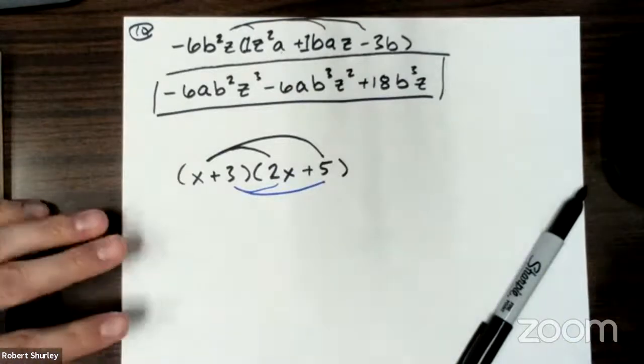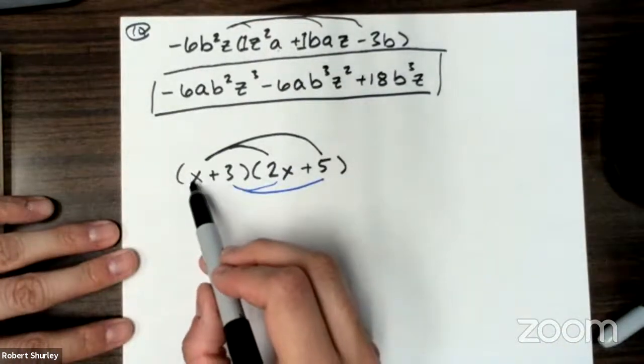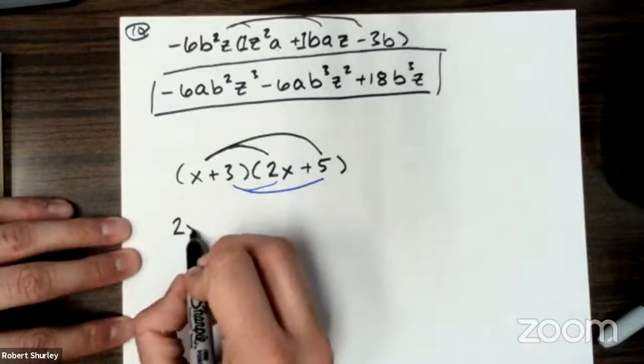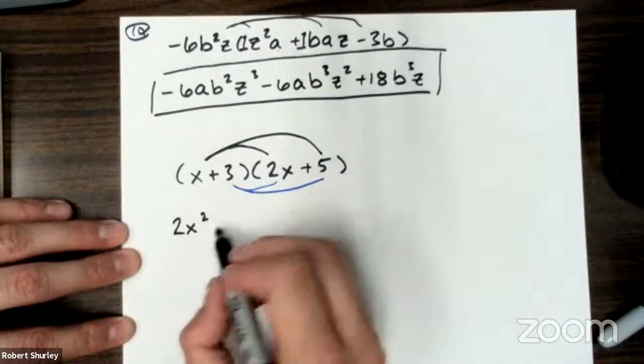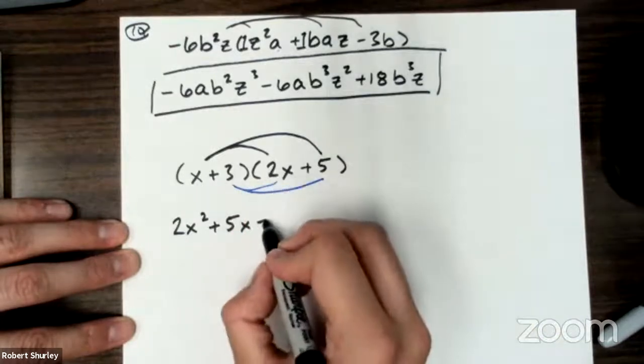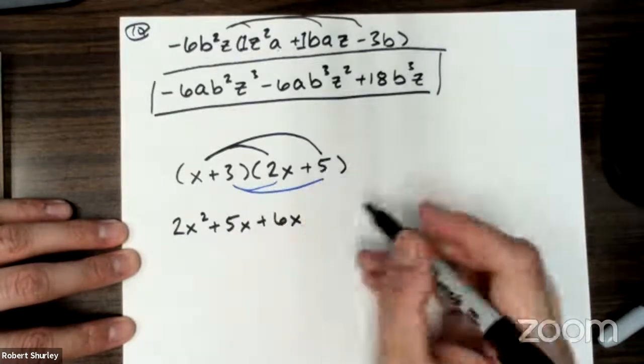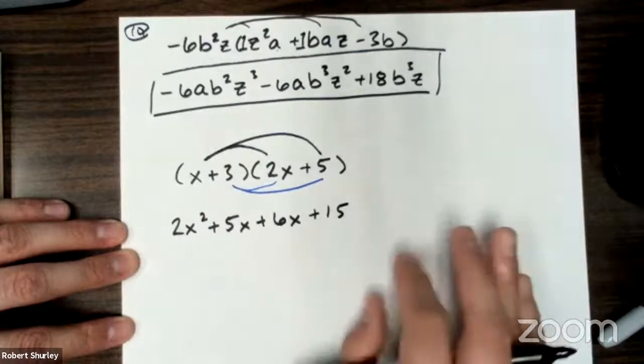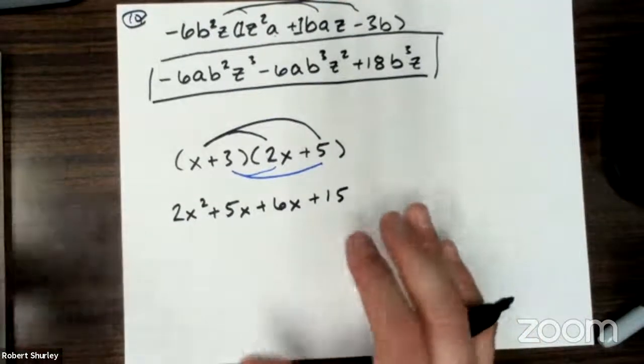It's just distributing. So x times 2x, that's 2x squared. X times 5, that's 5x, right? 3 times 2, that's 6x. And 3 times 5, that's 15, okay?